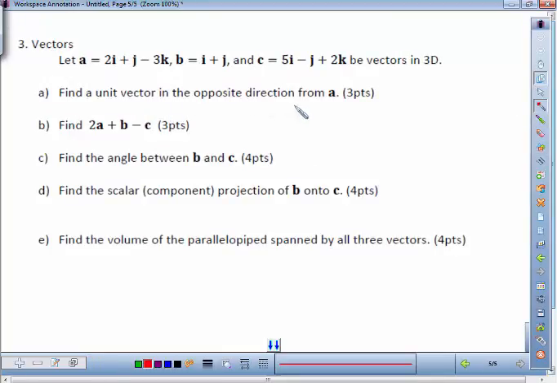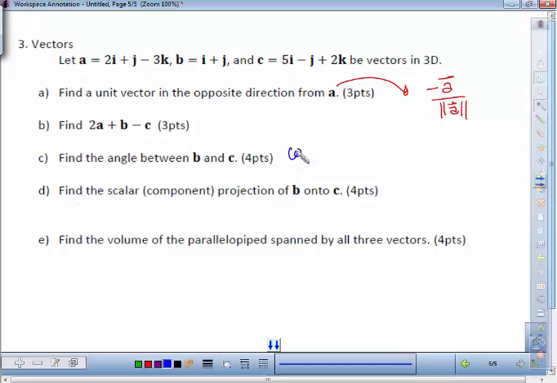So unit vector in the opposite direction, you divide by magnitude and throw a negative sign in front. So your new vector should be negative vector A divided by the magnitude of the vector. The next one is just addition and scalar multiplication. Here, find an angle between them.